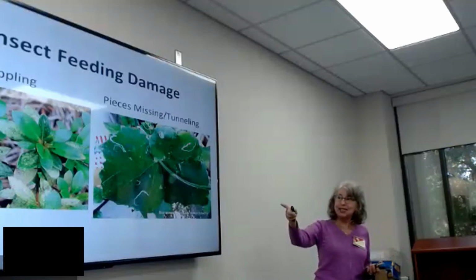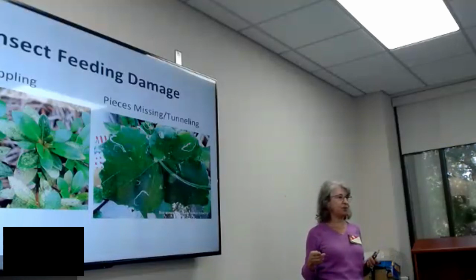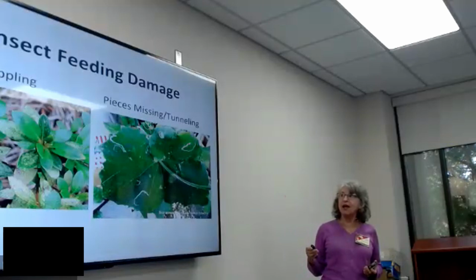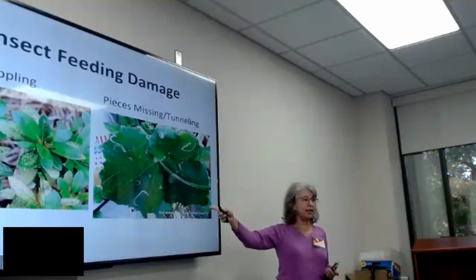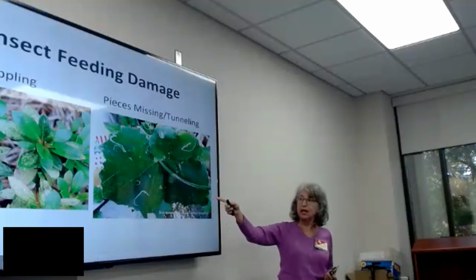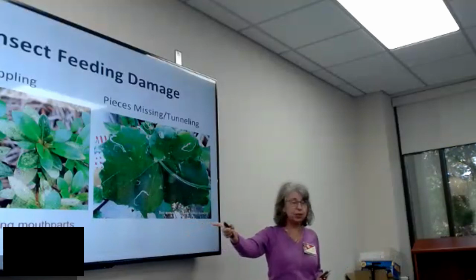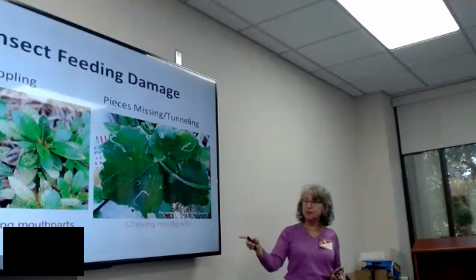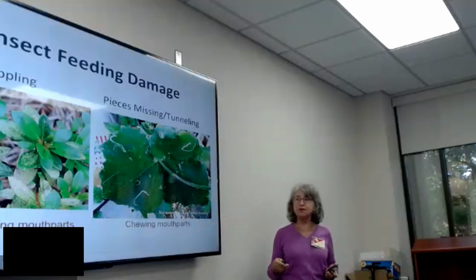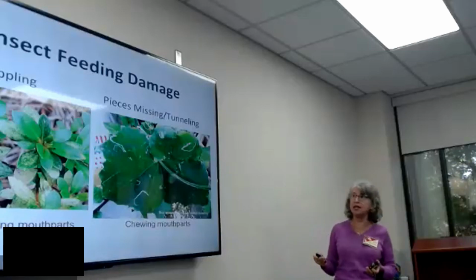But you can see the kind of damage that's caused. It's pretty easy to recognize. This other one is caused by leaf miner, which the immature larvae are actually chewing through the leaves. So the first one is piercing, sucking, and this one is chewing. So those are the different ways that insects can damage by eating.